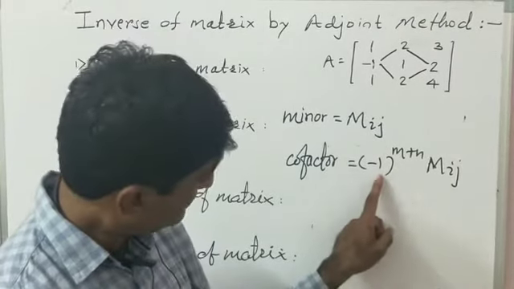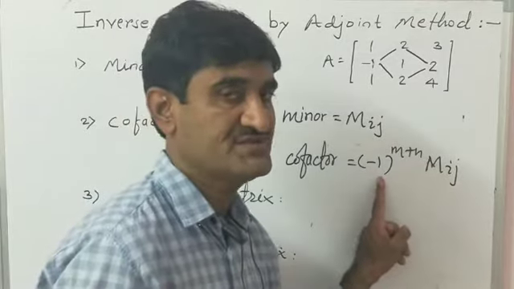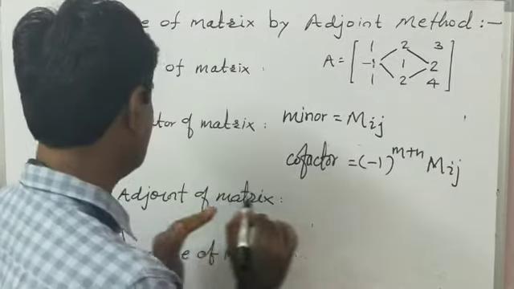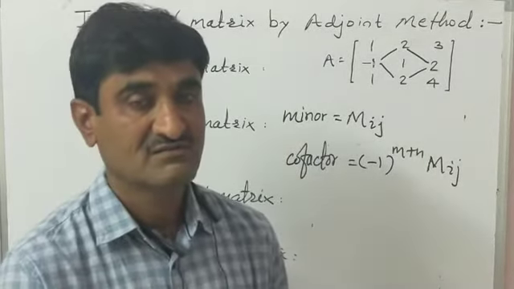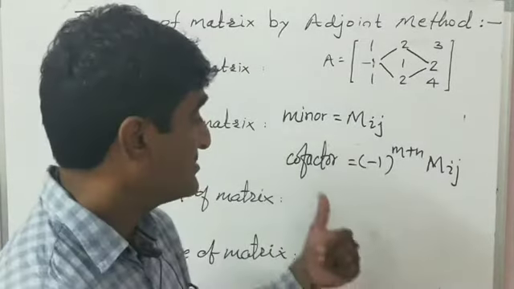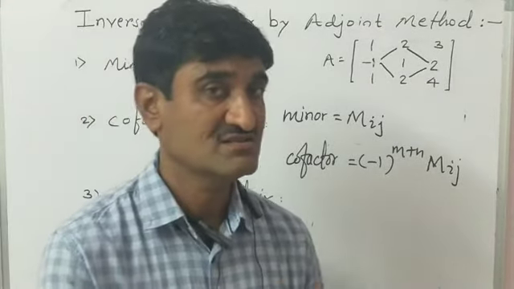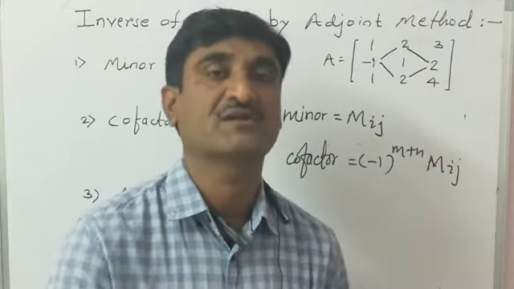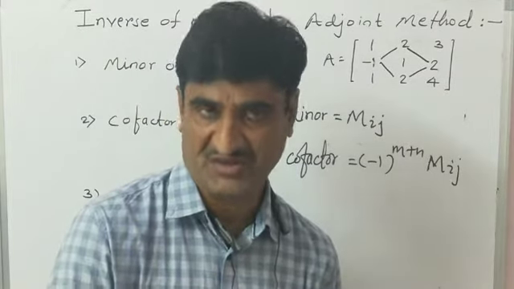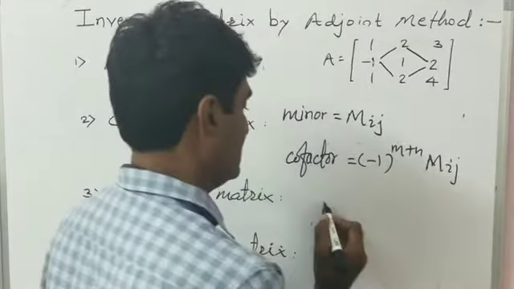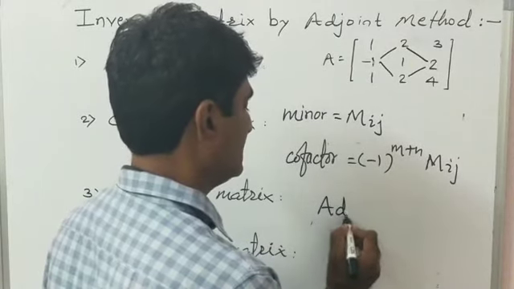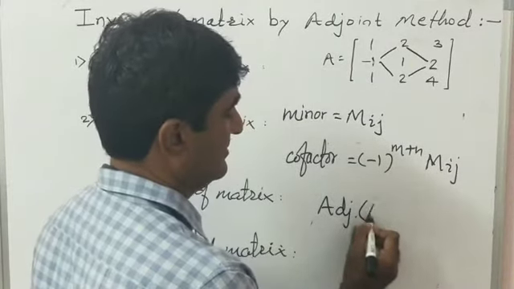In the cofactor, we include the coefficient. And now what is the adjoint? The adjoint of a matrix is the transpose of the cofactor matrix. That is, the adjoint is written in this way.